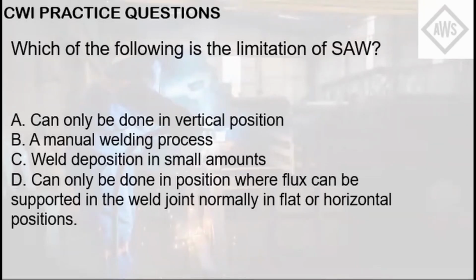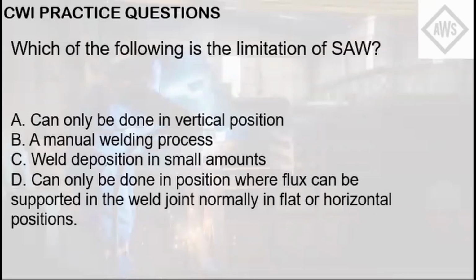Because submerged arc welding can be an automatic process, with continuous wire feeding and a big machine, it is known for depositing large amounts of weld metal in the base metal. So that's not a limitation of SAW.